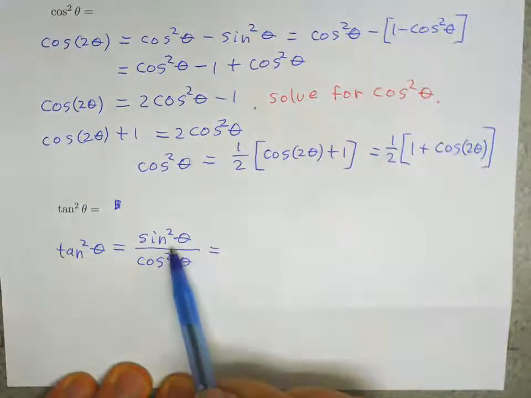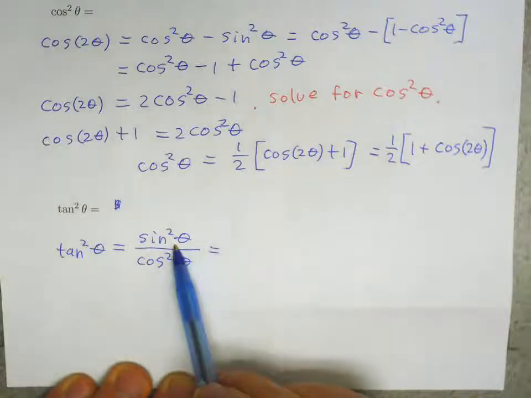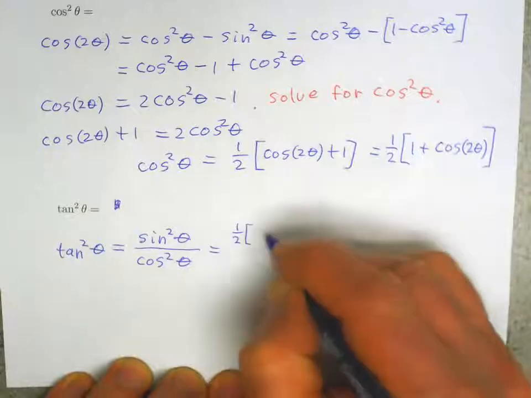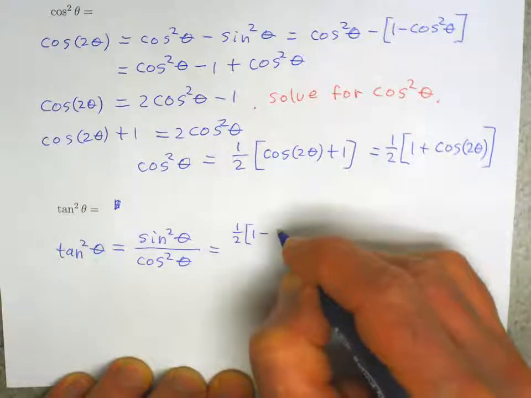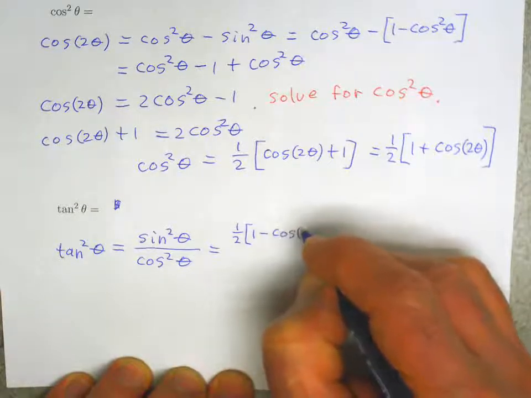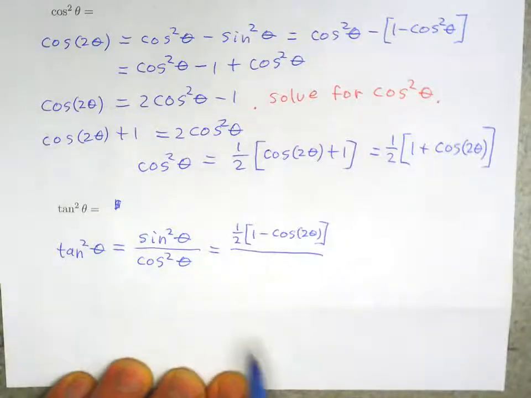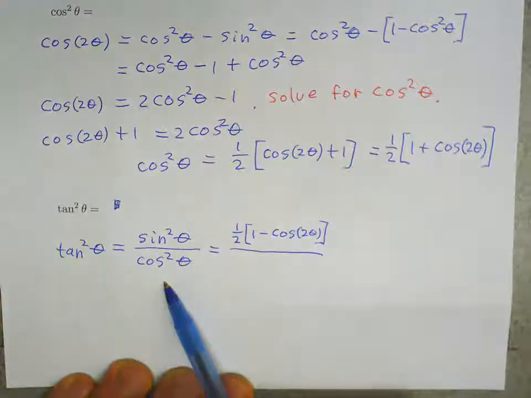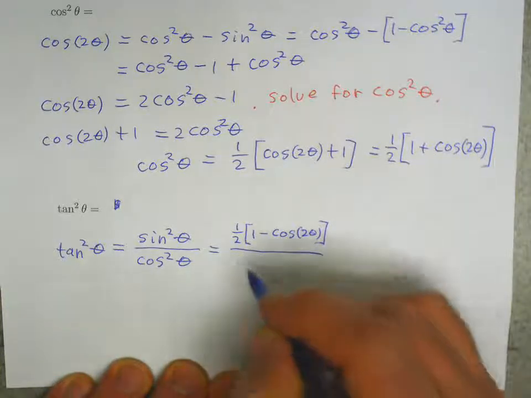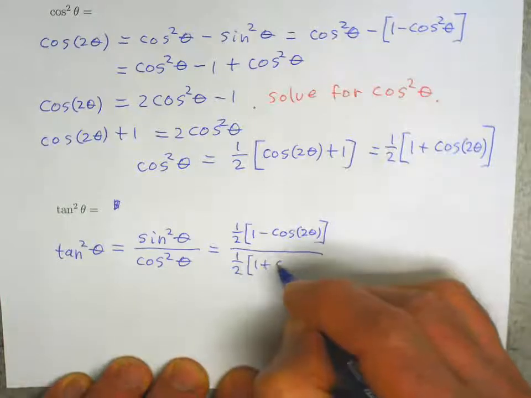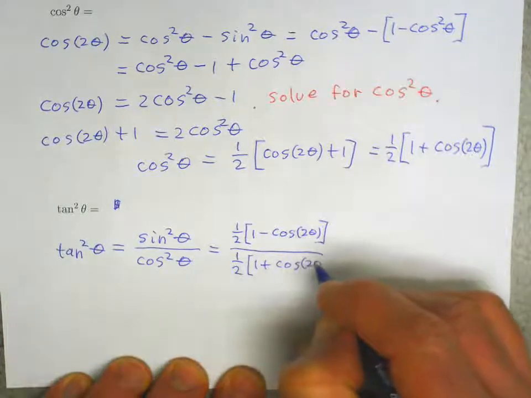And then if we write down the reduction formula for sine of theta squared in the numerator, we get 1/2 times the quantity 1 minus cosine of 2 theta. And in the denominator, replace cosine of theta squared with 1/2 times 1 plus cosine of 2 theta.